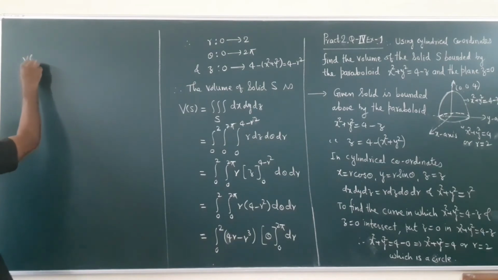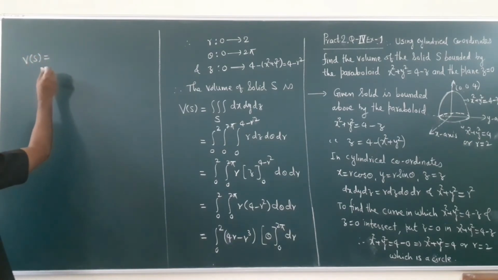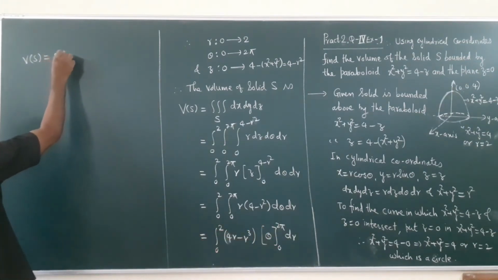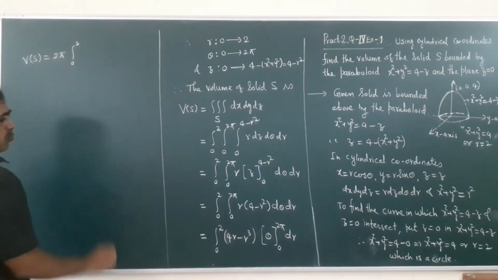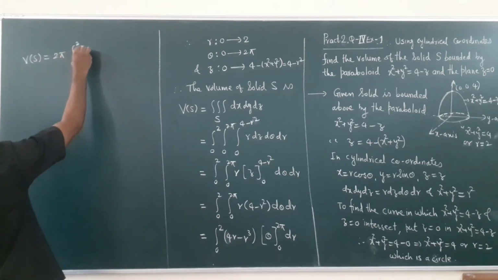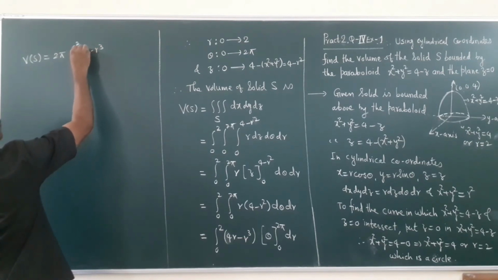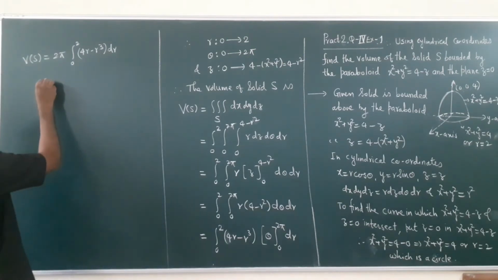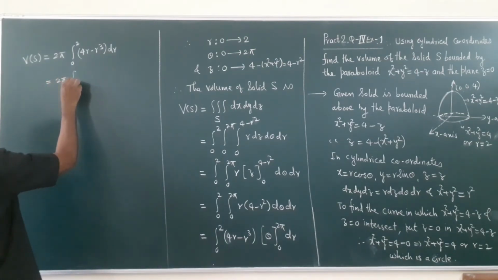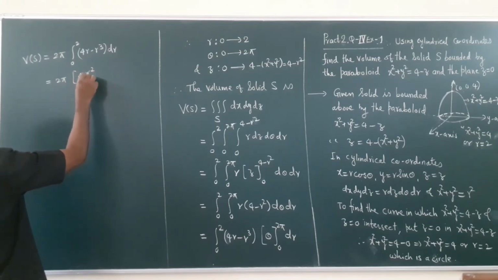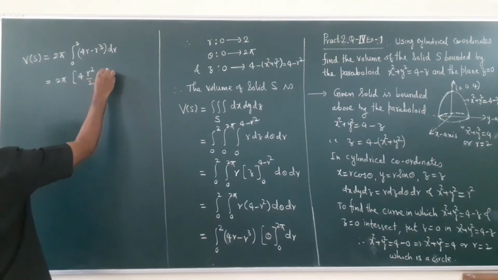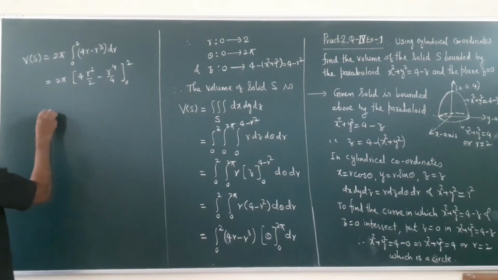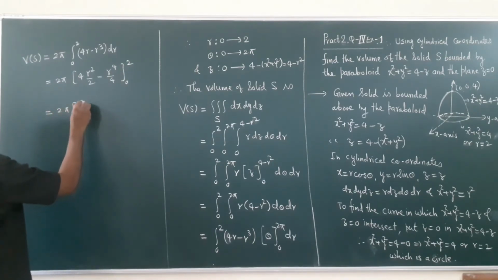Therefore V of S, the volume of the solid S, is equal to 2 pi times the integral from 0 to 2 of 4r minus r cube dr. So this is equal to 2 pi times 4r square by 2 minus r raised to 4 by 4, from 0 to 2.